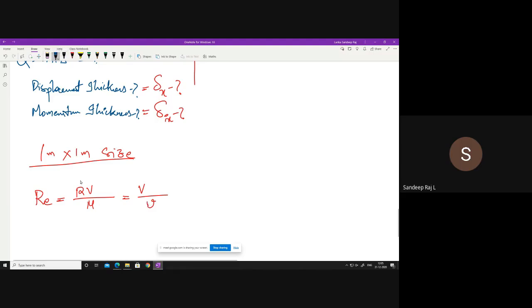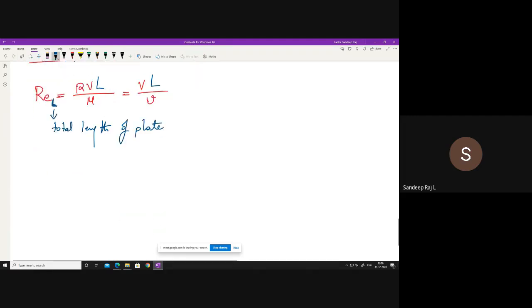In place of D, we will have L, or you can have X also. If he is writing REL, meaning the complete length of the plate has to be taken. If he is writing L, the total length of the plate has to be taken according to the question. Let us say he is writing RE.